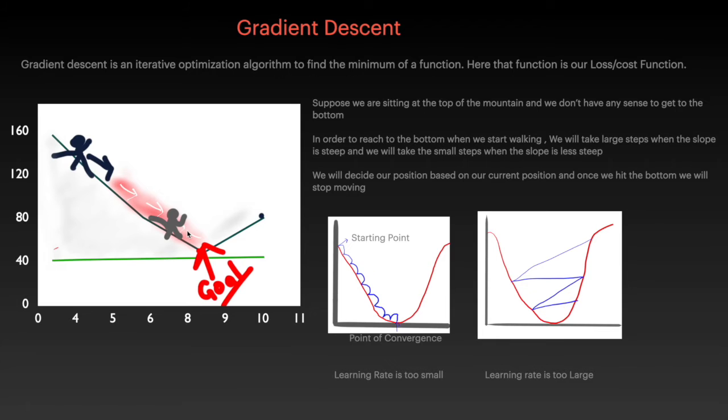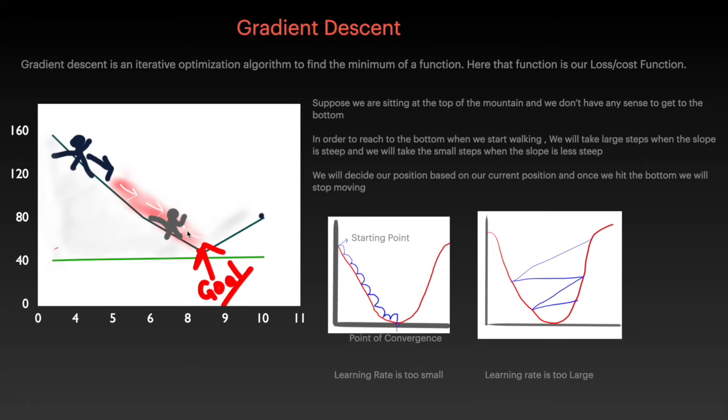There are two factors that we need to understand. What if we start moving too fast and what if we start moving too slow? If we move too slow, it will take a lot of time to reach the bottom, the point of convergence.